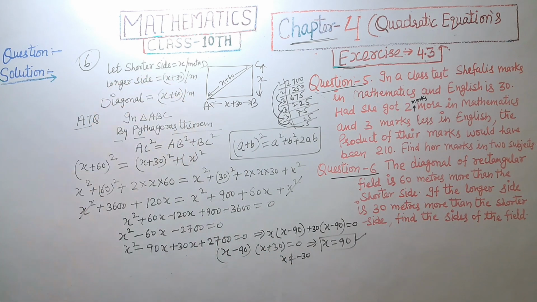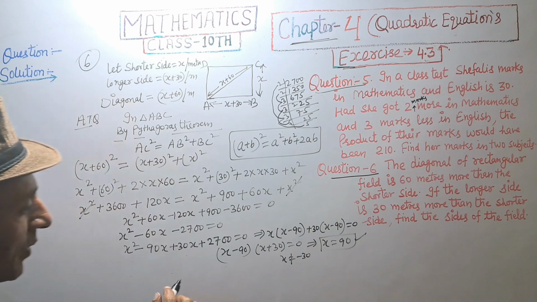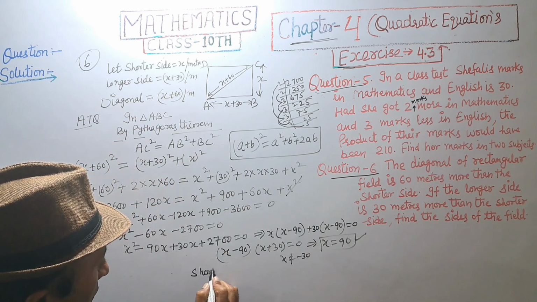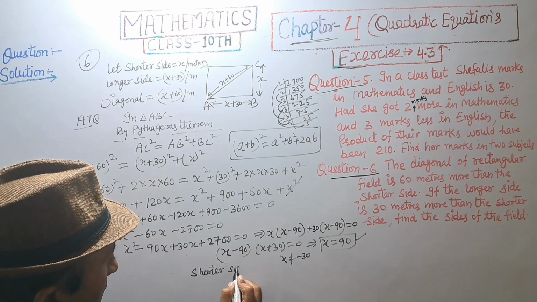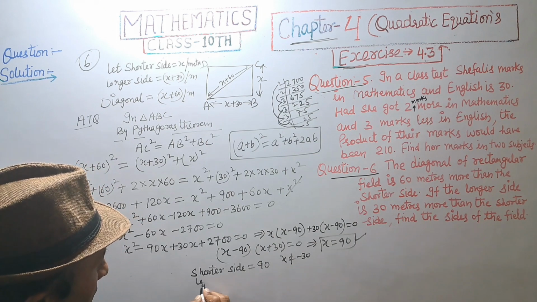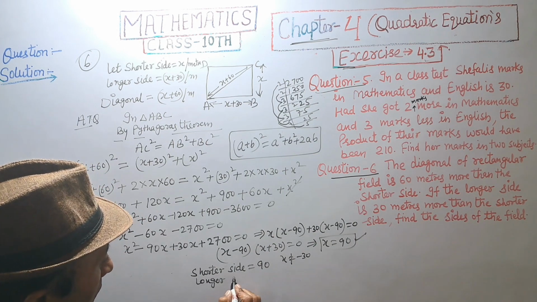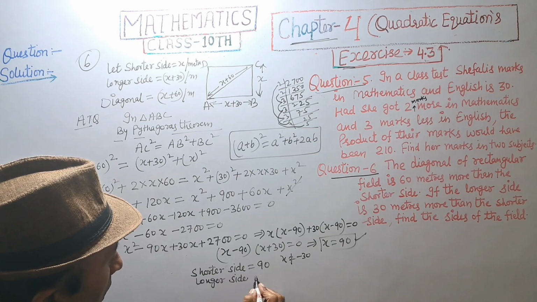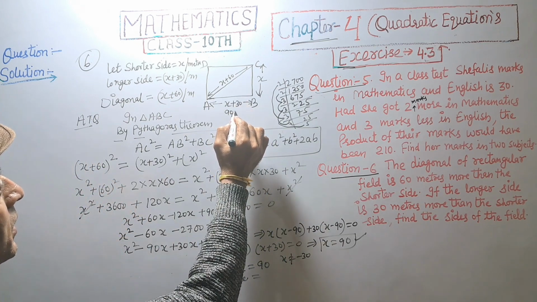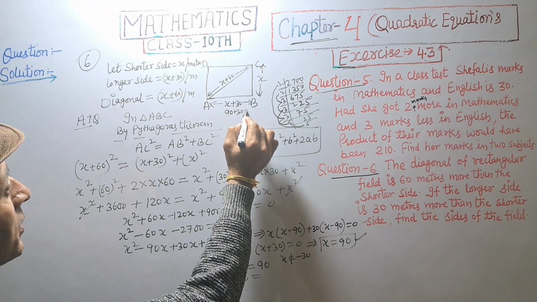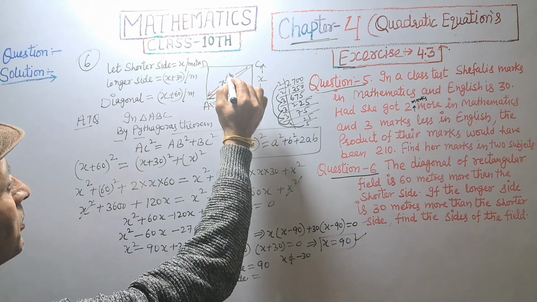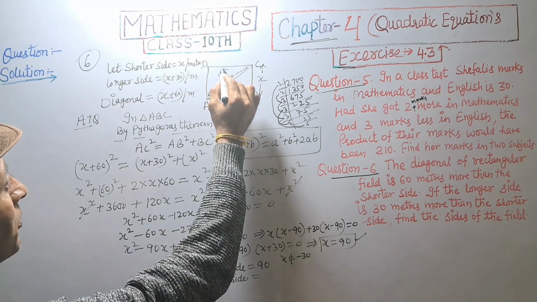So the shorter side is equal to 90, the longer side is equal to 90 plus 30, that is 120, and the diagonal is 90 plus 60, that is equal to 150.